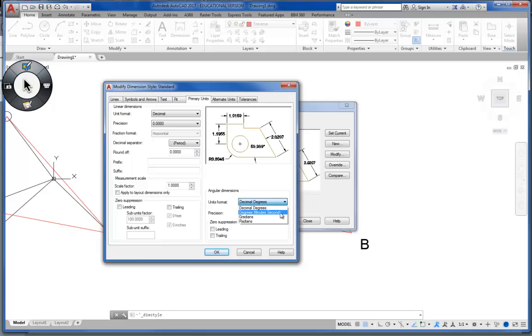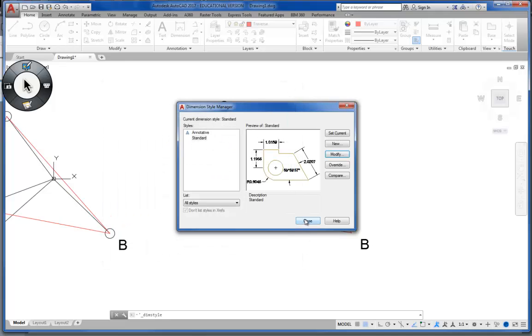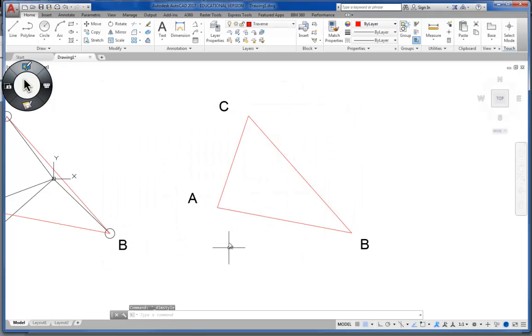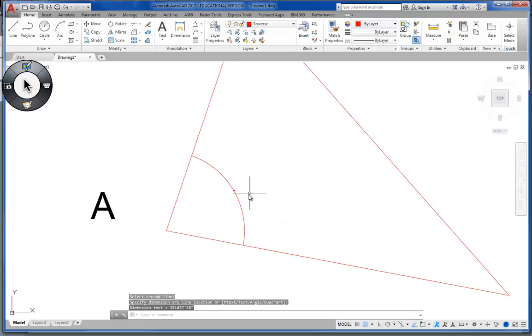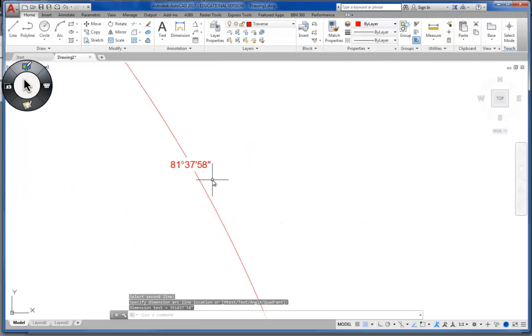I want to go degrees, minutes, seconds, like that. So I changed my primary units and my angular dimensions to be degrees, minutes, seconds. And let's see what we got. So I dimension my angle from here to here. 81, 37, 58.